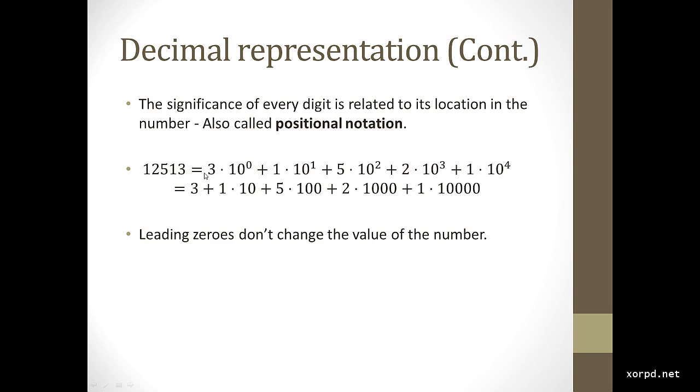And this is the real value of this number. This is just a representation, and this is the value. This is the meaning of this number. Some small comment about it: we can see that leading zeros don't change the value of the number. You probably already know this, but I just wanted to mention it.